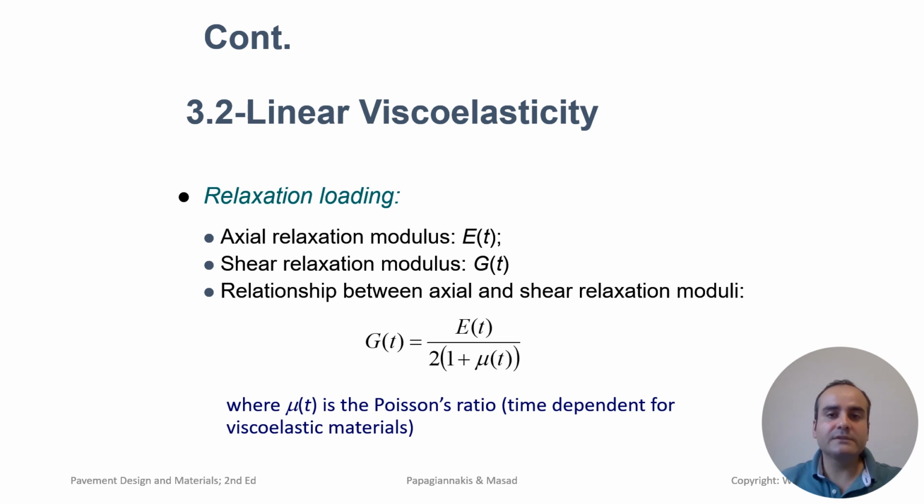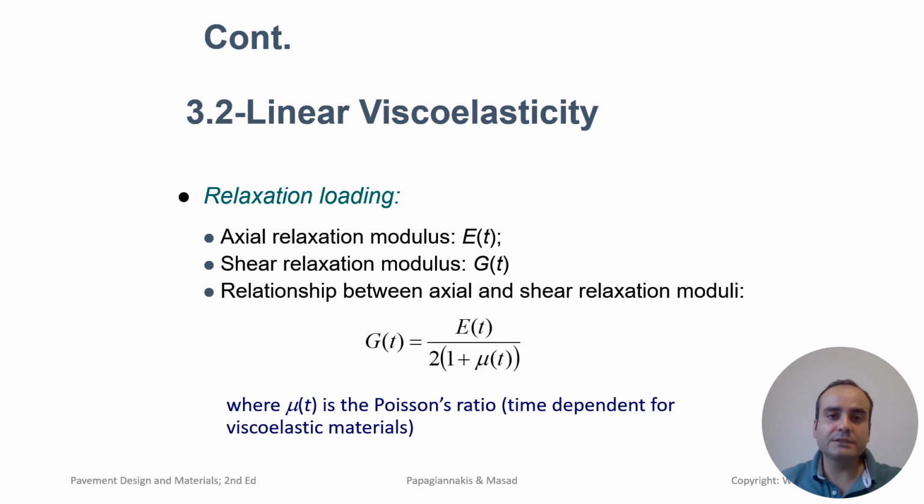For most viscoelastic materials, Poisson's ratio remains relatively constant over time, especially for incompressible materials like asphalt at certain temperatures. With a constant Poisson's ratio, we can derive a relationship between the axial and shear relaxation moduli.